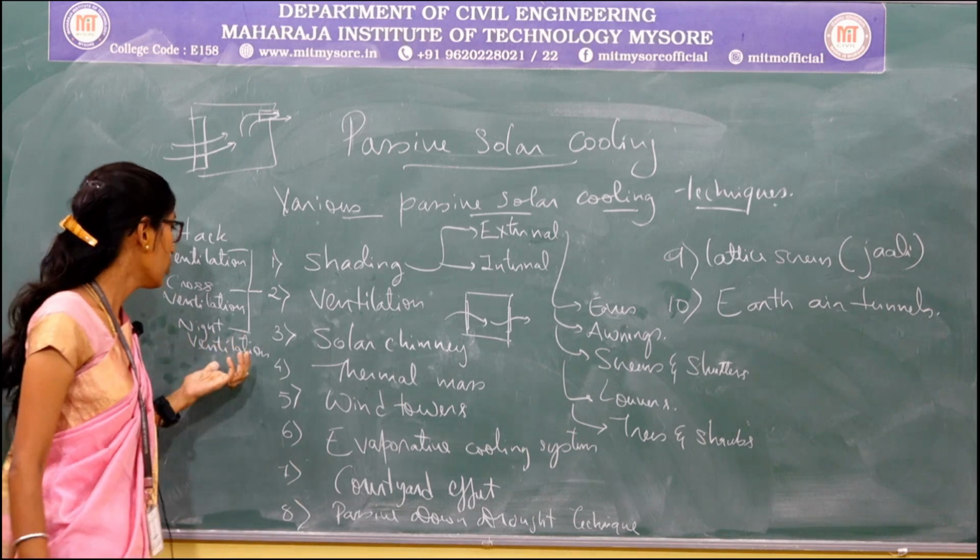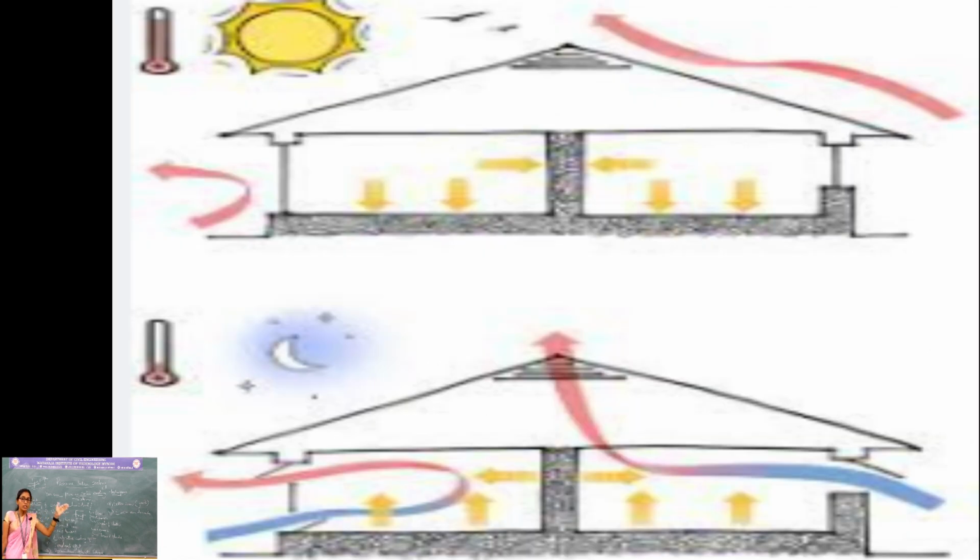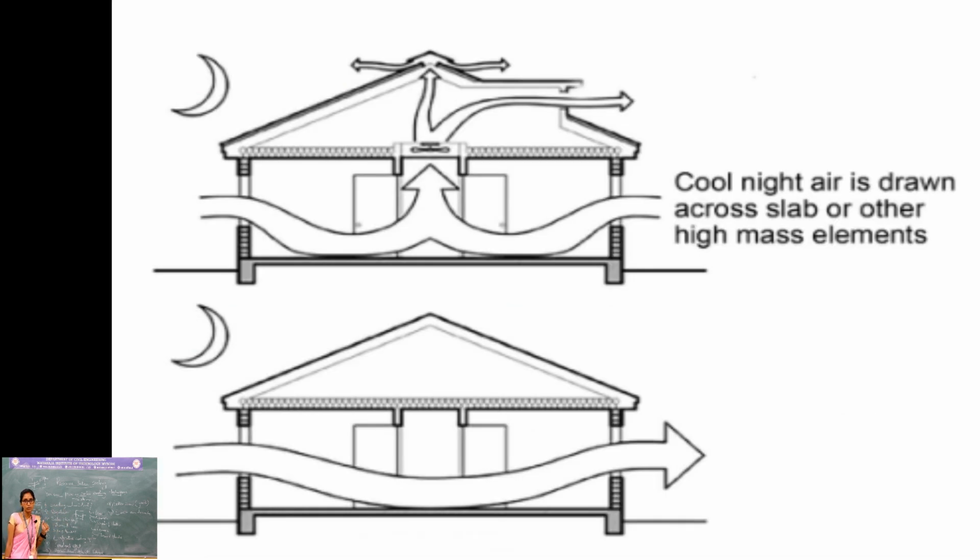So this is how the night ventilation works, and you can see the image which is popping up there, how the night ventilation takes place and how the wind movement, or the air movement, happens in the daytime and the night time, right.